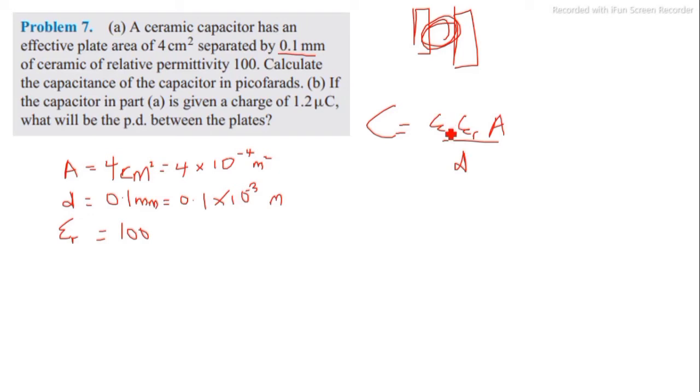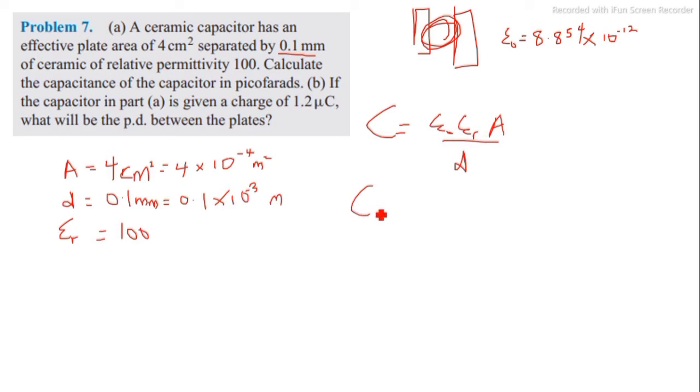I said earlier, your epsilon naught is a constant, which is 8.854 times 10 to the power minus 12. I give you your epsilon R, your relative permittivity, to be 100. You are given the area, you are given the distance. So with that, calculate your capacitance.